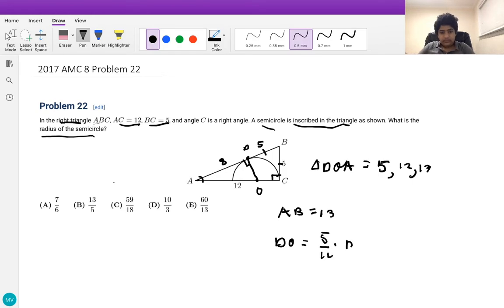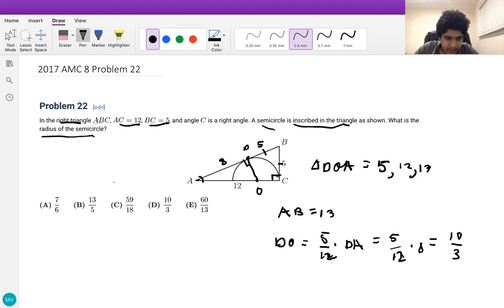And this is, of course, going to be 5/12 times 8, or 10/3, which is choice D.